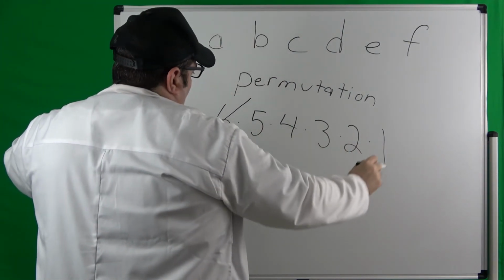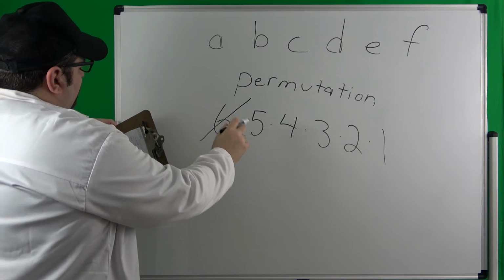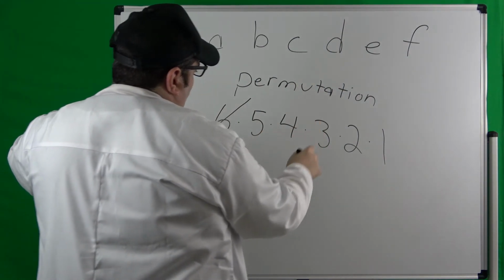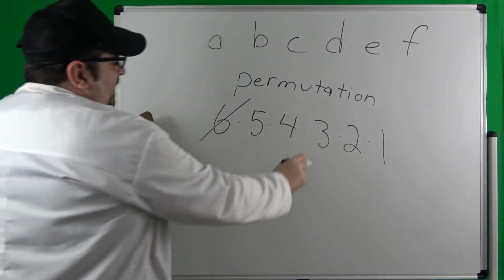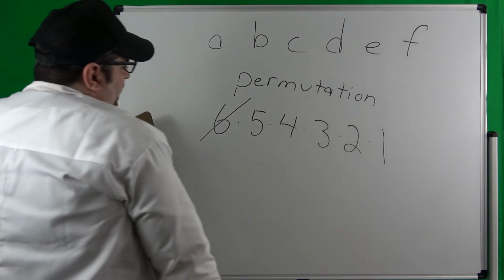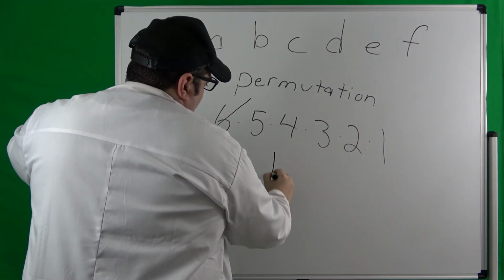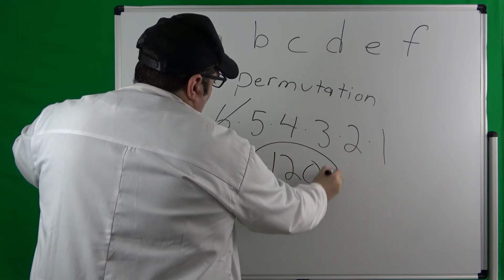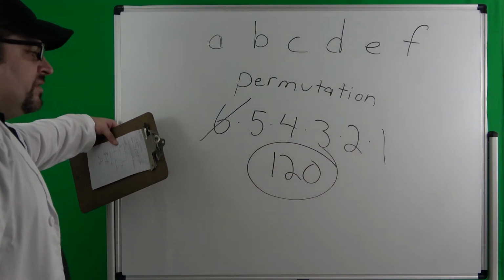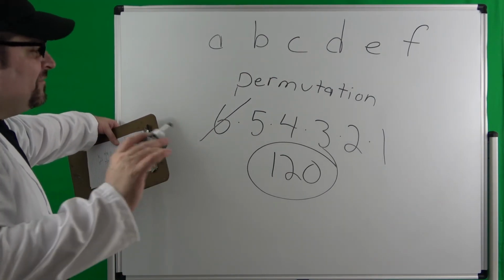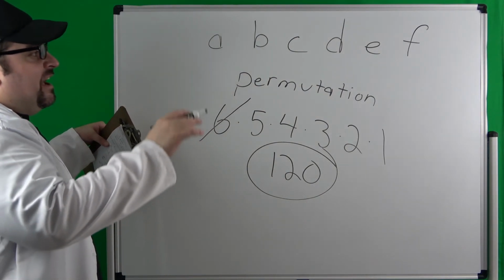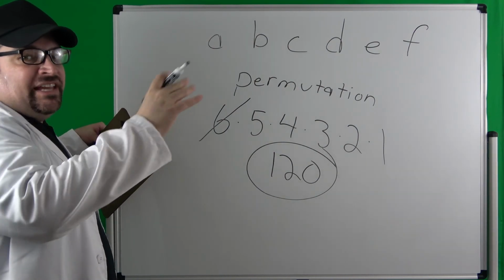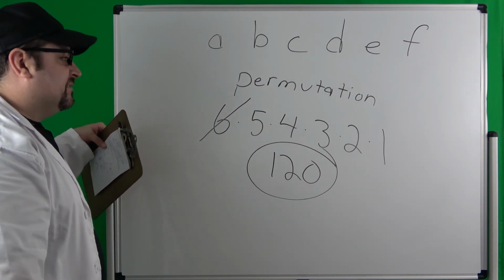We're left with 5. So 5 times 4 is 20. 20 times 3 is 60. 60 times 2 is 120. And 120 times 1 is 120. There you go. There's 120 different possibilities of those kids picking different game pieces.